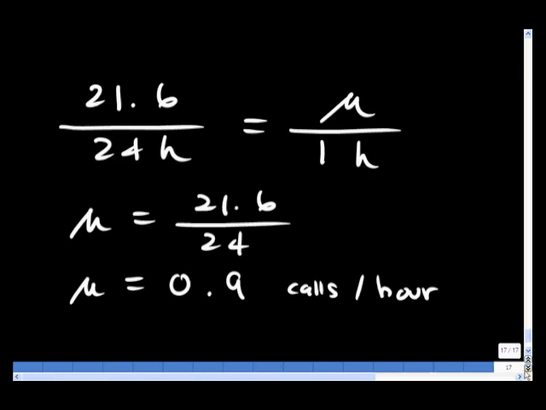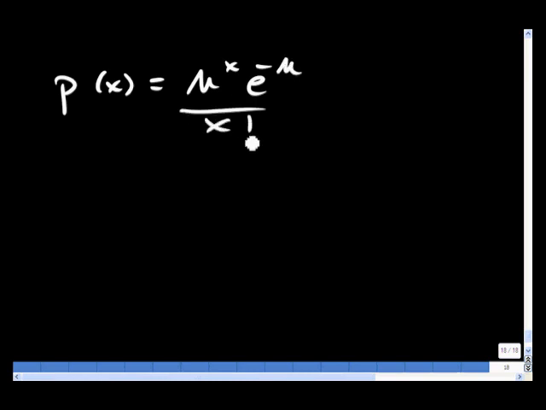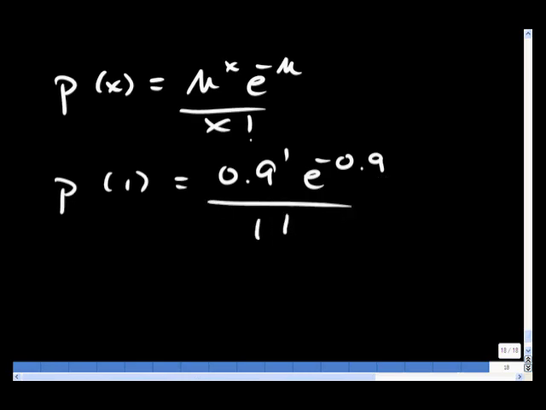So, using our Poisson probability formula, that P of x is mu to the x, e to the minus mu over x factorial, where x is the value of 1 and this mu is 0.9. Again, 1 factorial is 1, so this becomes 0.9 e to the minus 0.9.